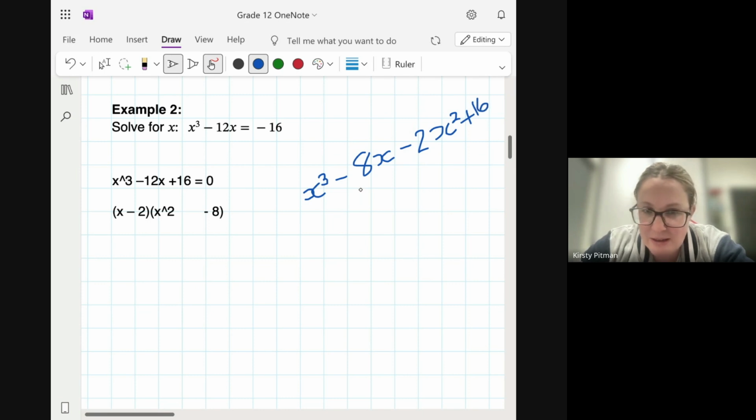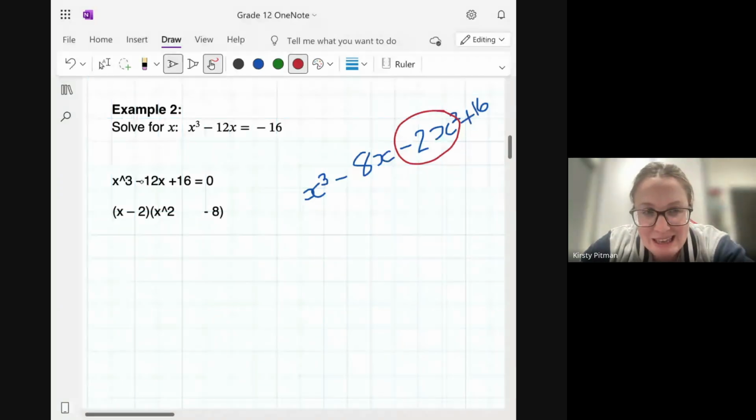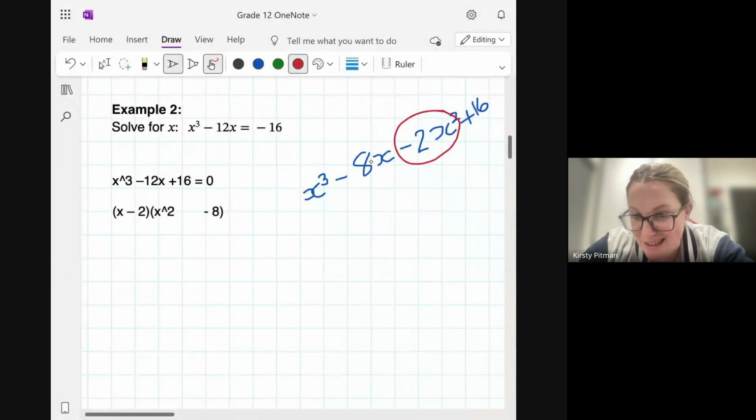Right. So I've got a problem here because I need to get rid of what? I need to get rid of this. Not only do I need to get rid of that, but what's my middle term here? It's negative 12x. And what's this at the moment? It's sitting at negative 8x. So I need to minus another 4x.